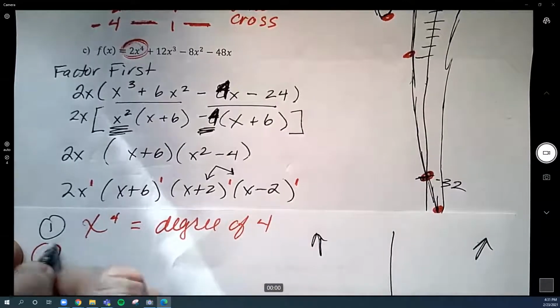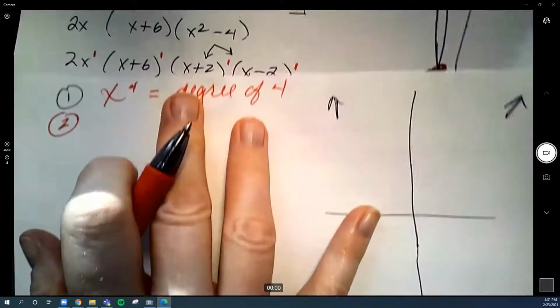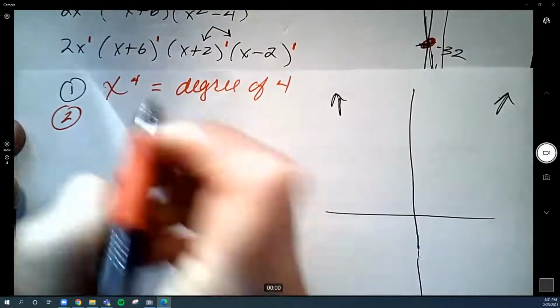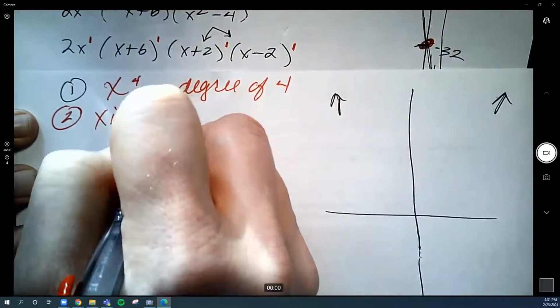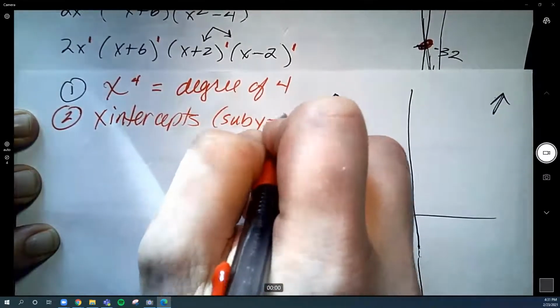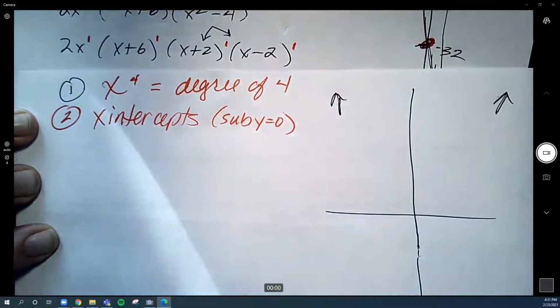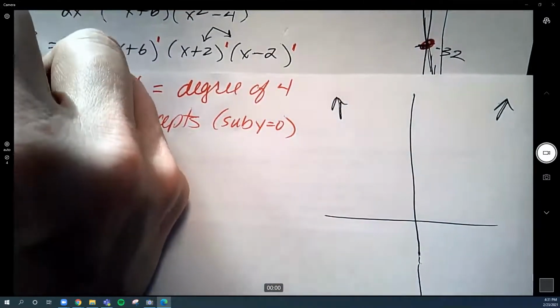The second step then is to determine your intercepts. Okay, so let's look first at my x-intercepts by substituting y is 0. So when I do that, if y is 0, we say this was the original function.